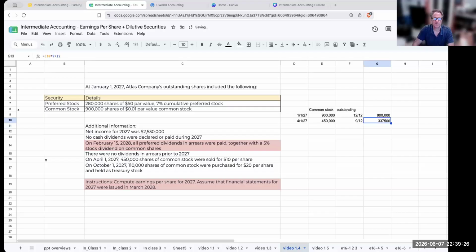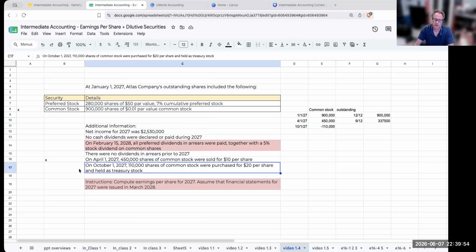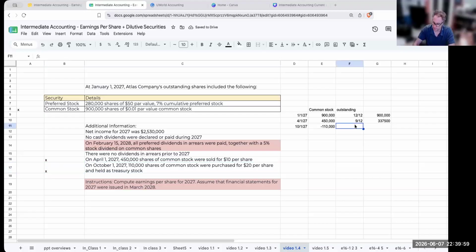or 337,500. Now over here, we repurchased 110,000 shares on 10/1/27. When we buy back shares, remember that impacts our shares outstanding. This repurchase occurred on October 1st, so it's only outstanding for 3/12, October, November, December.